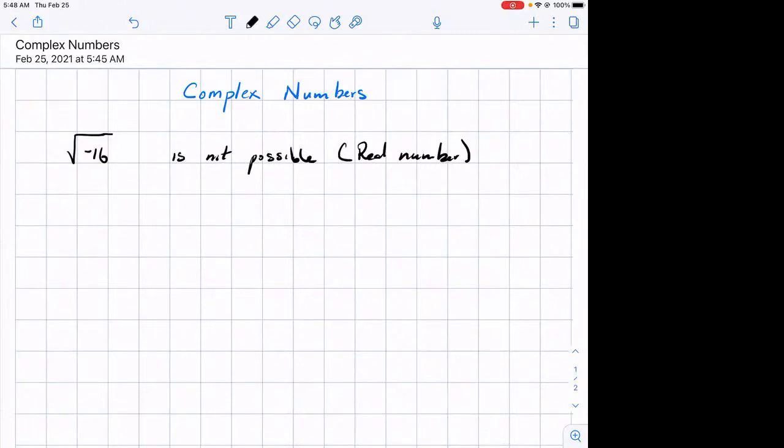However, with what we're about to learn today, we will see that we can work with this by introducing what are called complex numbers. In addition, if you look at an equation, x squared is equal to negative 25, we say this has no real number solution.